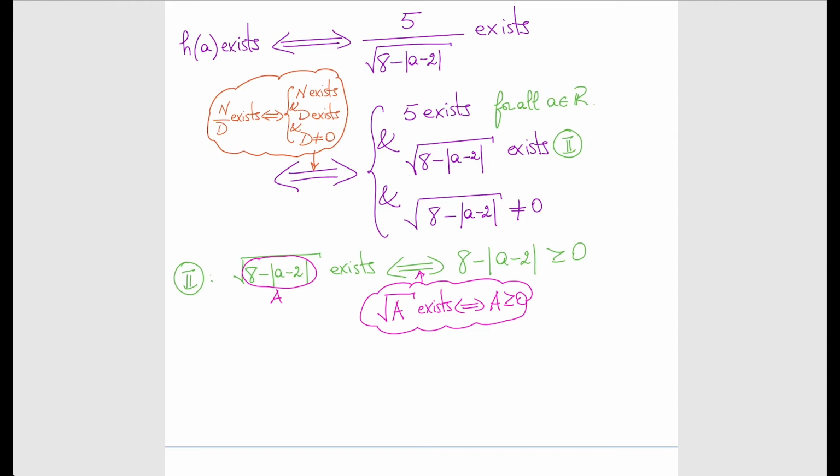So this is equivalent to saying that 8 is greater than or equal to the absolute value of a minus 2, correct? If you move the absolute value to the other side, meaning you're adding that entity, the absolute value pops up here. 0 plus the absolute value becomes this.